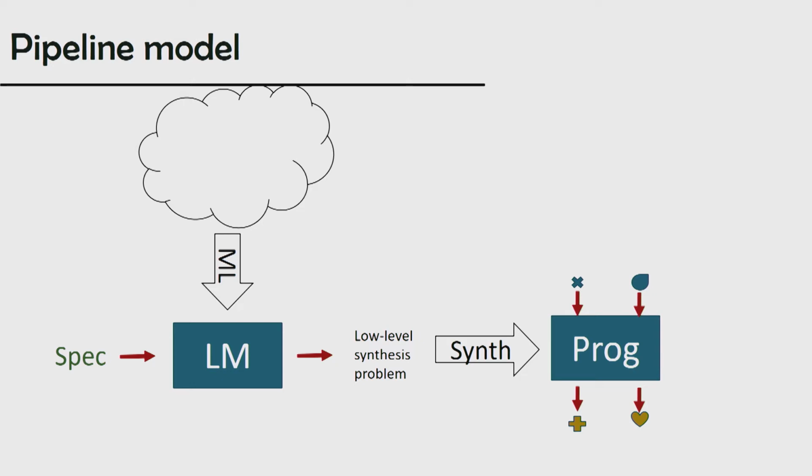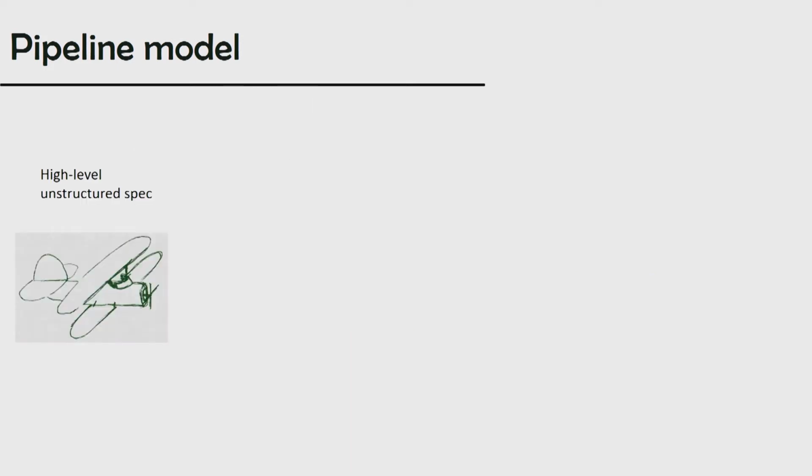Now we can reason at the symbol level, and we can synthesize something in the form of a program that gives us some insight as to what those symbols are actually doing, right?